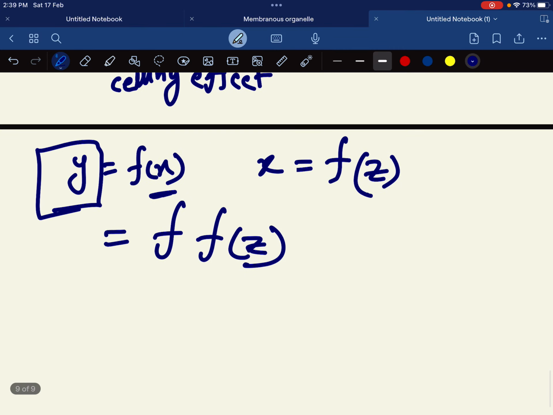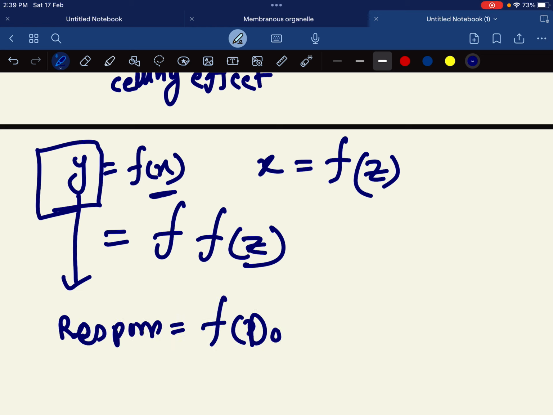So I say that your arithmetic curve is like this: response is equal to function of dose.